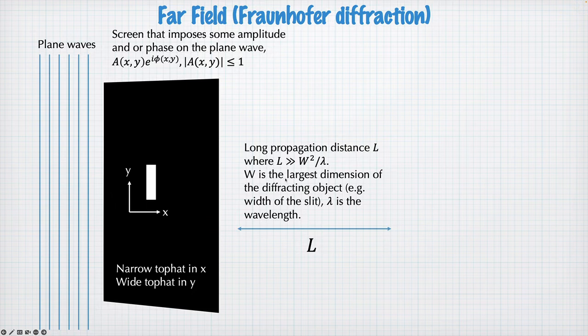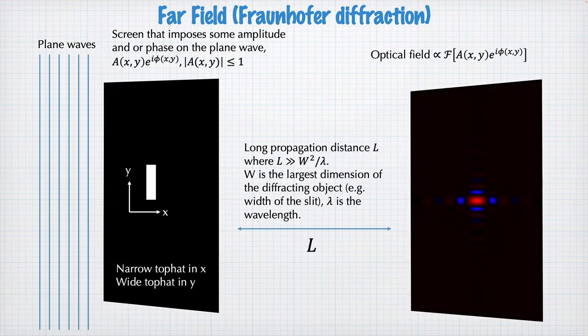So as long as the propagation is very large compared to W squared on lambda, lambda being the wavelength, we will get a diffraction pattern that can be calculated as the Fourier transform, which will be the far field diffraction pattern. So in the far field, what we have is an optical field, the pattern of which is the Fourier transform of this two-dimensional plane.